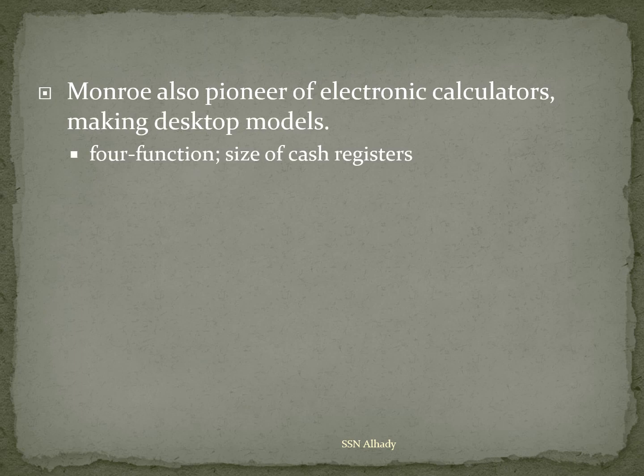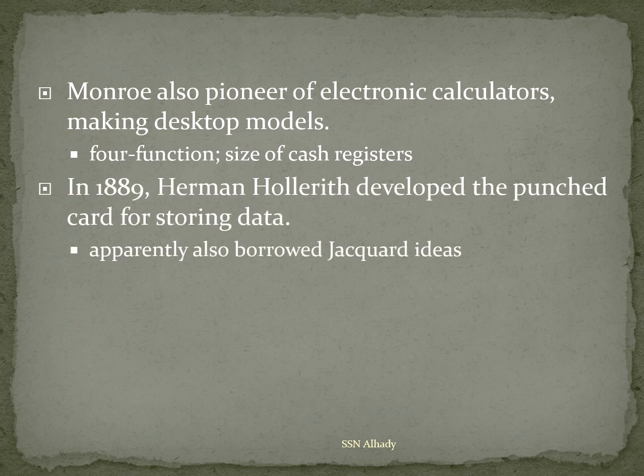Monroe is also considered a pioneer of the electronic calculator, which used the desktop model. This is the specification, for example, for the function, size, and the cash register.